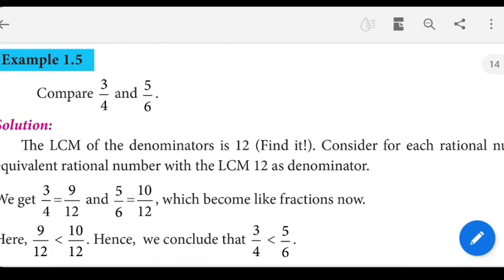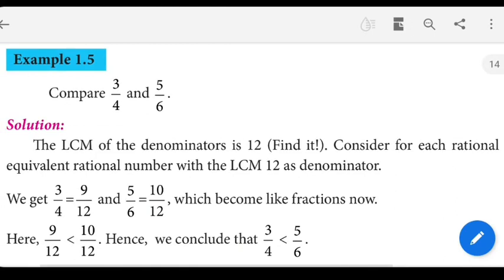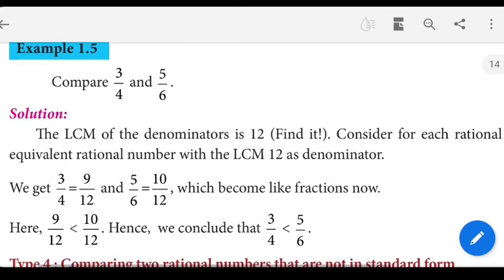Both are divisible by 2. 4 is 2 times 2, 6 is 2 times 3. The numbers 2 and 3 do not have a common divisor. Therefore the LCM of 4 and 6 equals 2 into 2 into 3. 2 twos are 4, 4 threes are 12. Therefore the LCM is 12.